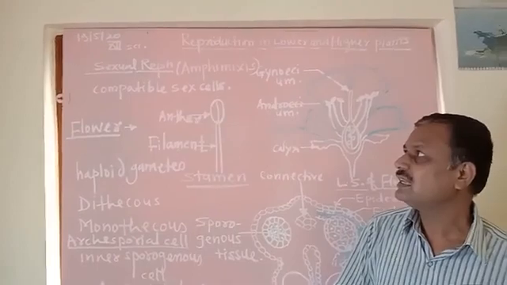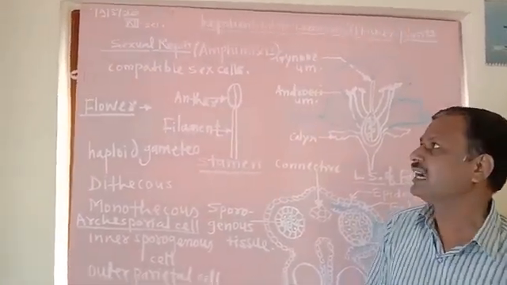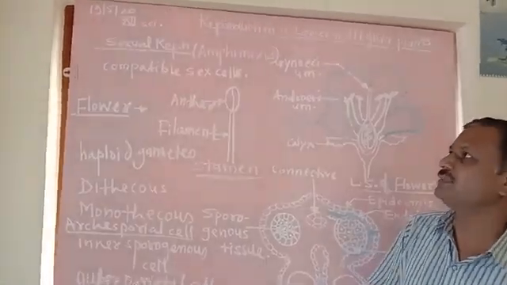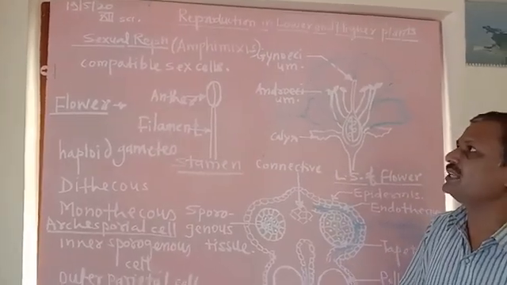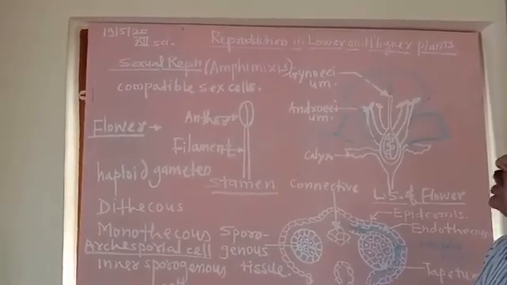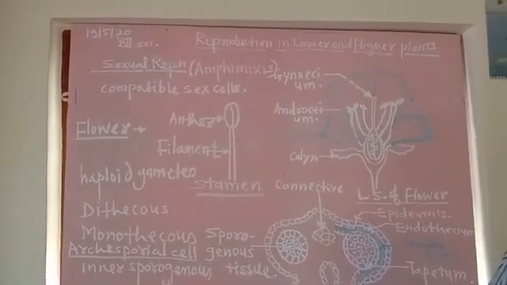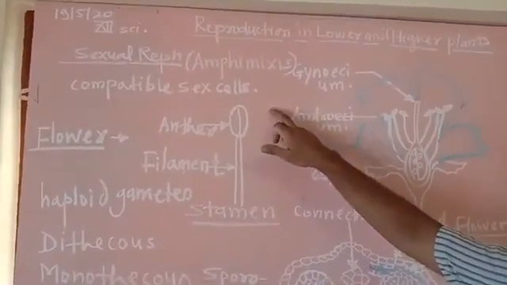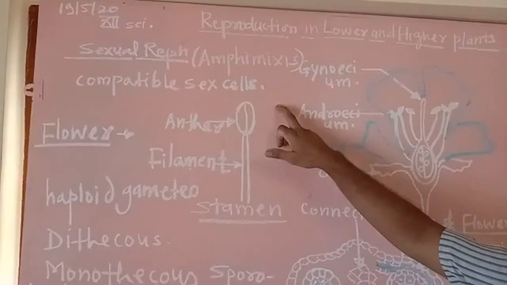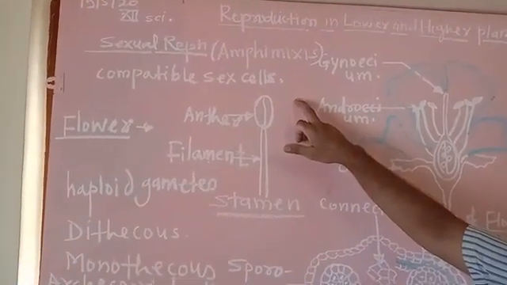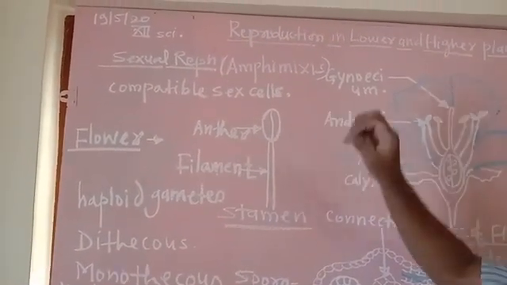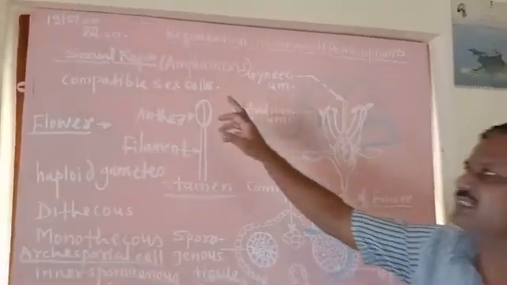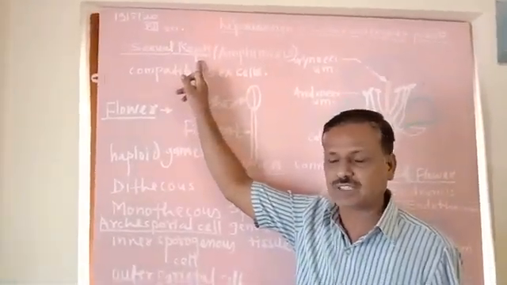I will explain the definition again: the process in which two compatible sex cells or sex gametes are produced as well as fused is called sexual reproduction.